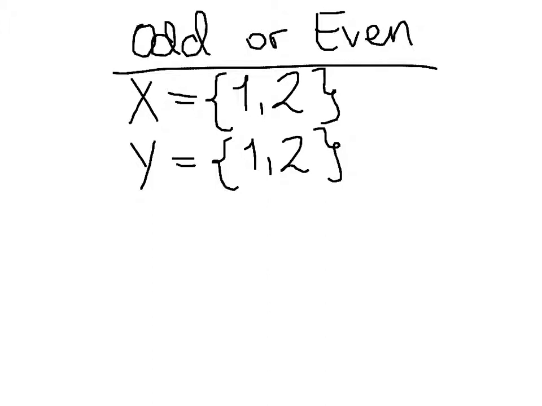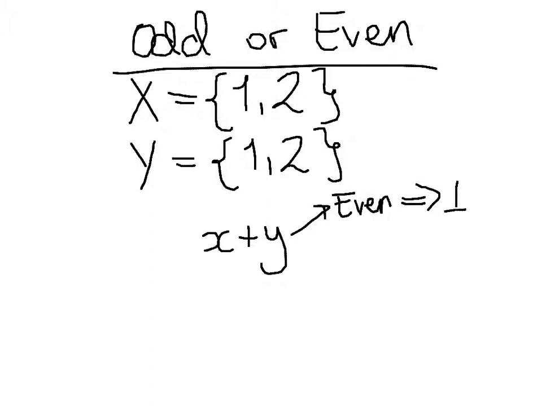And after they pick a number, 1 or 2, we look at the sum. If this sum is even, then player number 1 wins the amount of the sum. If the sum is odd, player number 2 wins the amount of the sum.